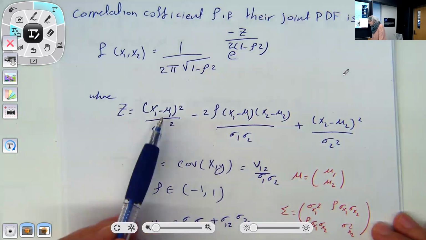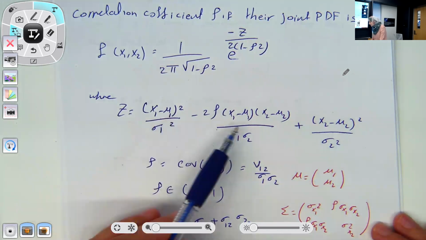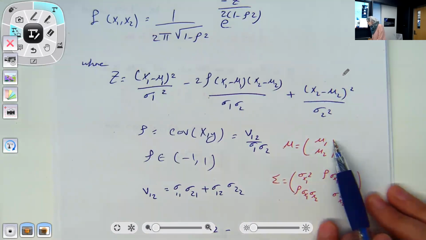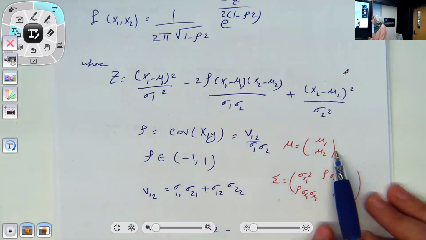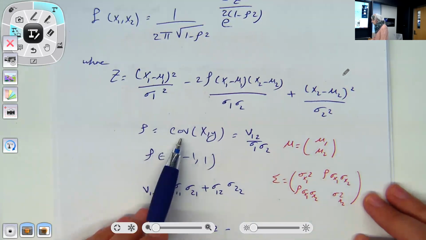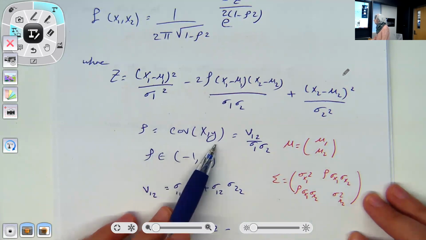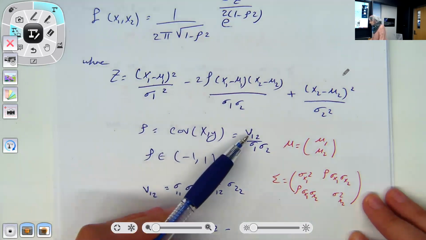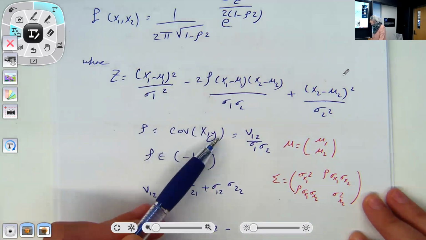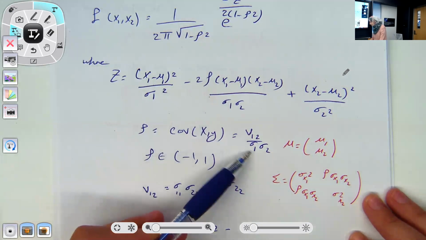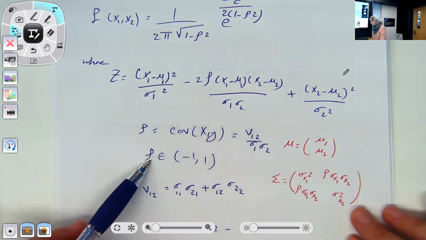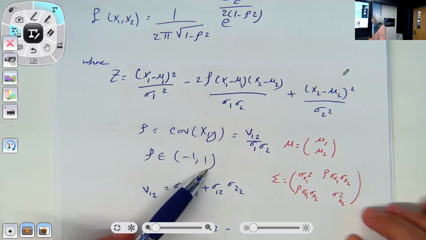If you look here, mu1 is the mean, mu2 also is the mean. So the mean here is a vector consisting of mu1 and mu2. We have also rho, the correlation, which equals the covariance between x1 and x2 divided by sigma 1 times sigma 2, and the value of rho is between -1 and 1.